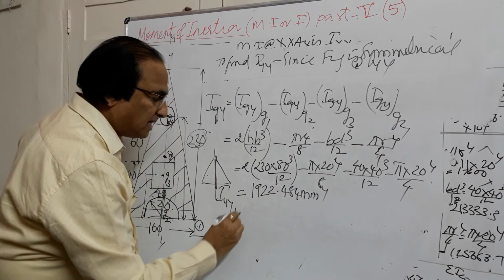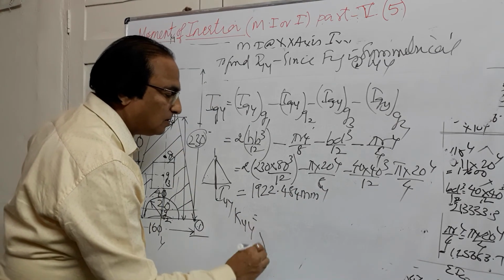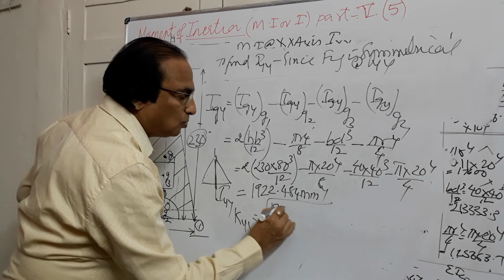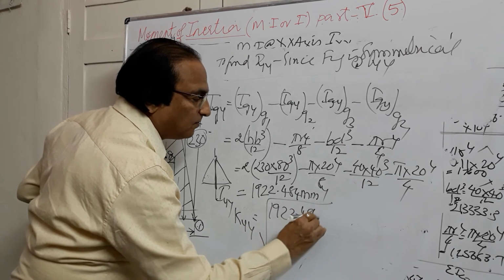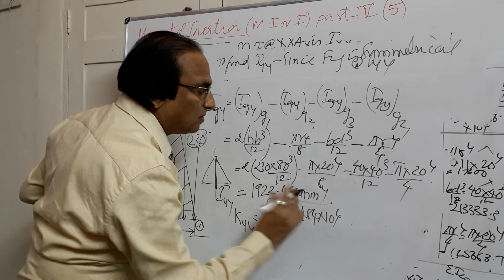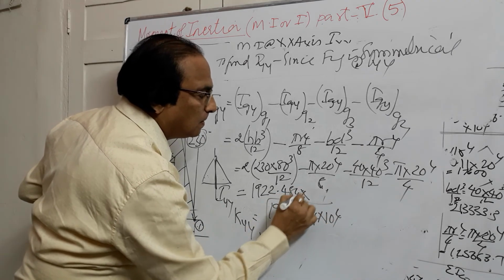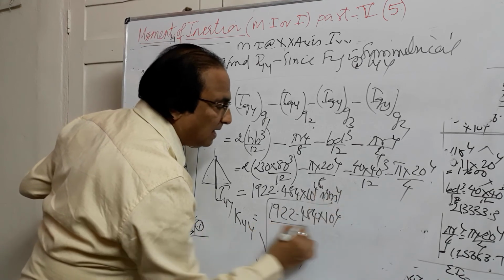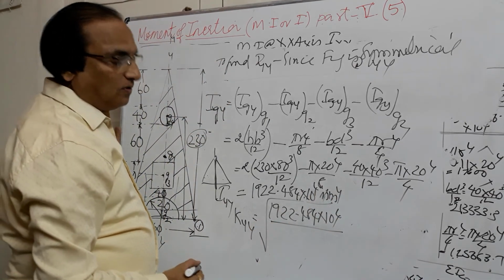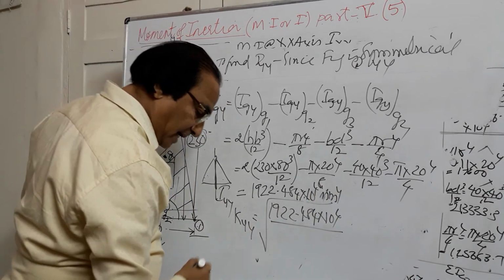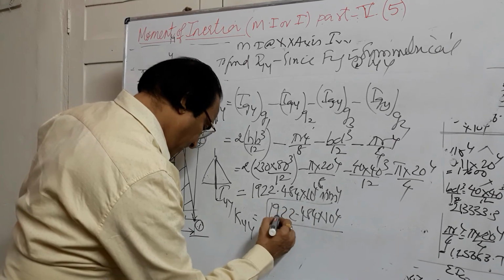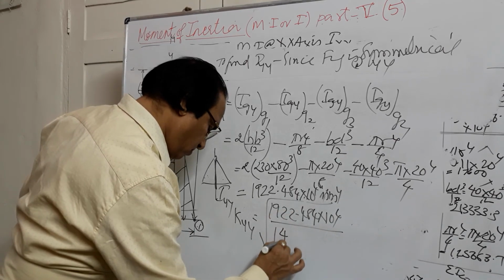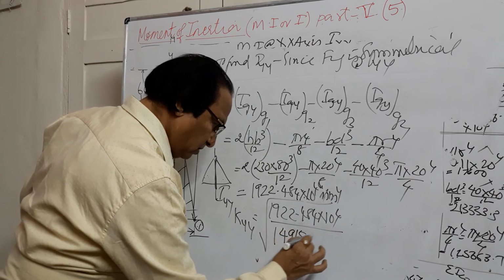So if I want kyy, this will be equal to under root 1922.484 into 10 to the power of 4 mm raised to 4 divided by area. So we have found the area of this as 14915.04.